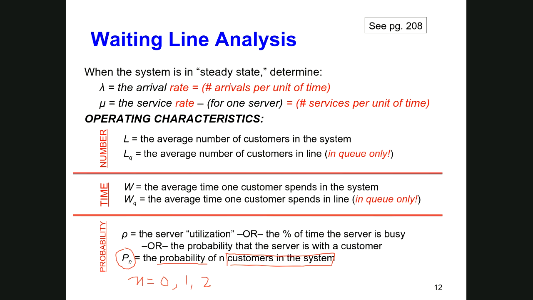So let's think about this just for a minute. What does the term P sub 0 represent? This is the case where n equals 0. So P sub 0, if you're just reading the definitions, is the probability of 0 customers in the system.